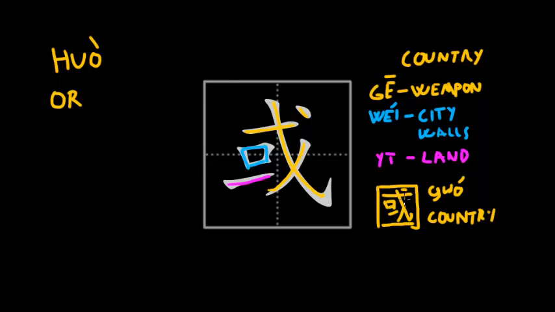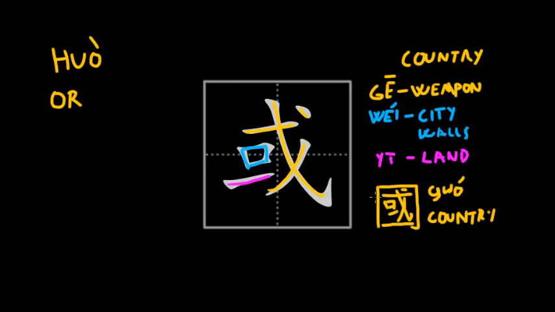So clearly, even if I didn't tell you, there's this history behind this character, that originally this big character that I'm talking about in the middle of your screen used to represent country, and then to differentiate the two meanings, a new character was created by adding this enclosure, which again represents city walls, to make this distinction between these two characters. Even if I didn't tell you this, you probably would guess that the inside of the character is the phonetic element of the character as a whole, because the inside is pronounced huo, and the entire character is pronounced ɣʷɔ.